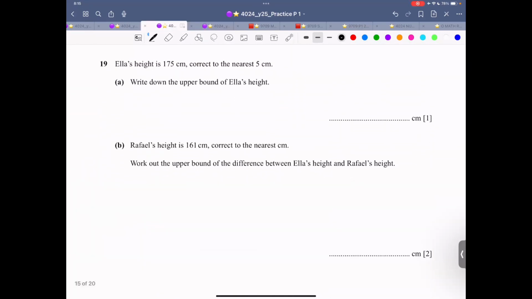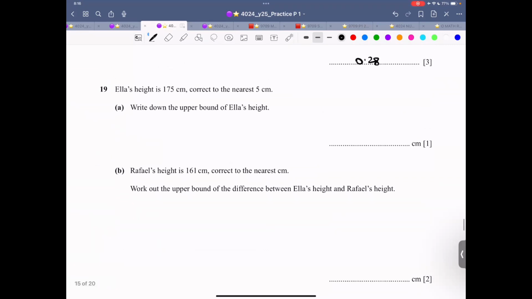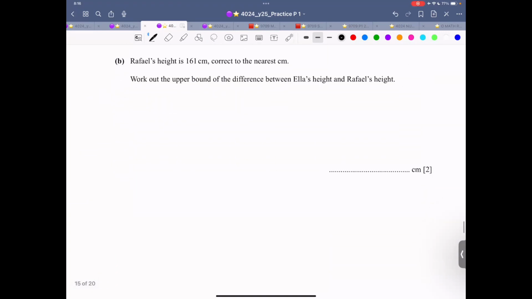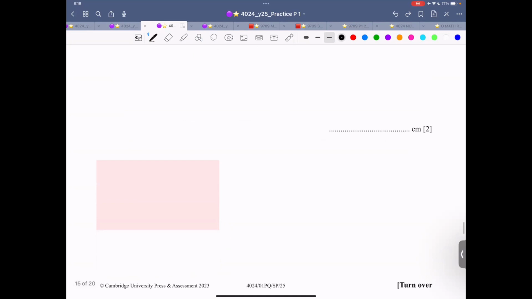Now it says Ella's height is 175, correct to the nearest 5 centimeter. Now, let me write some basic idea. When we talk about upper bound and lower bound, we have this thing when we round off.